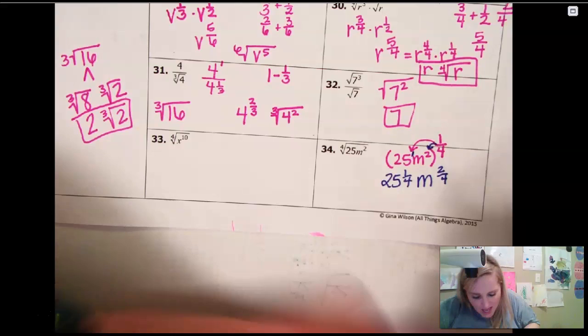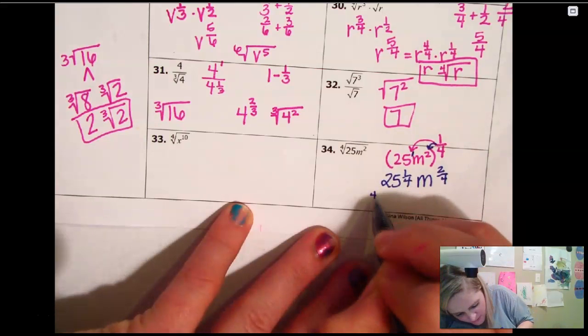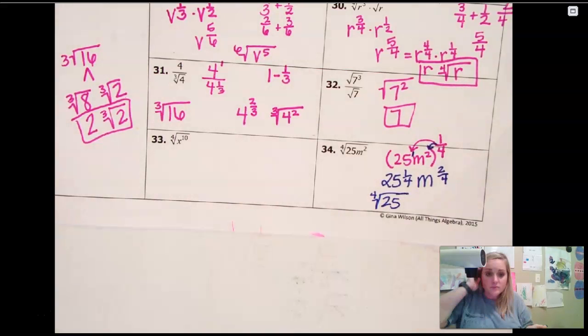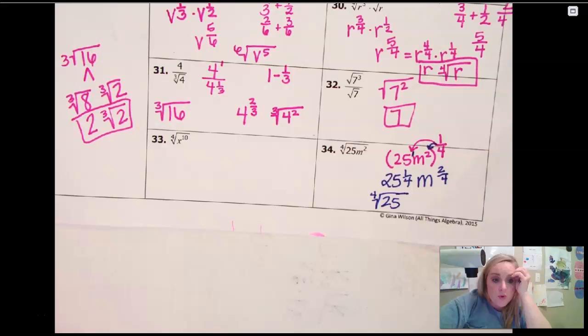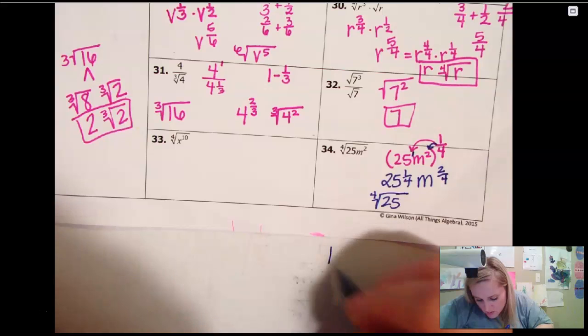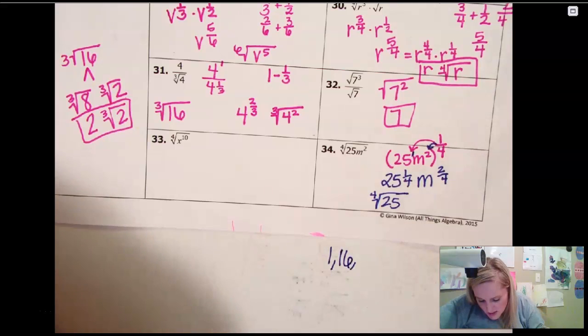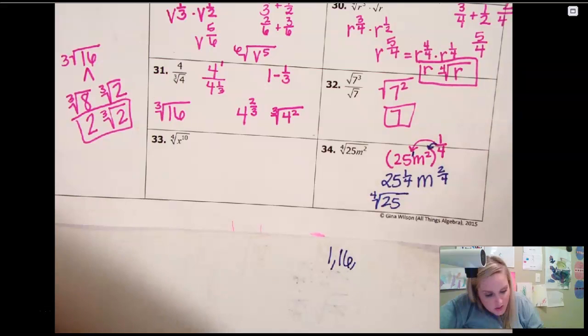And then I have the 4th root of 25 to the first. Now, 25 and 4th, you have to think about your perfect fourths. The perfect fourths that we have are 1 to the 4th power, which is 1, 2 to the 4th power, which is 16, 3 to the 4th power, which is what?